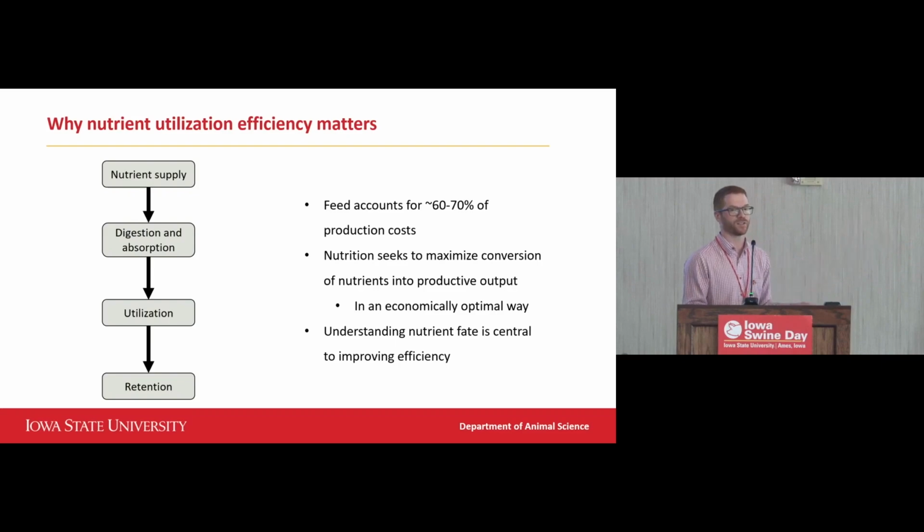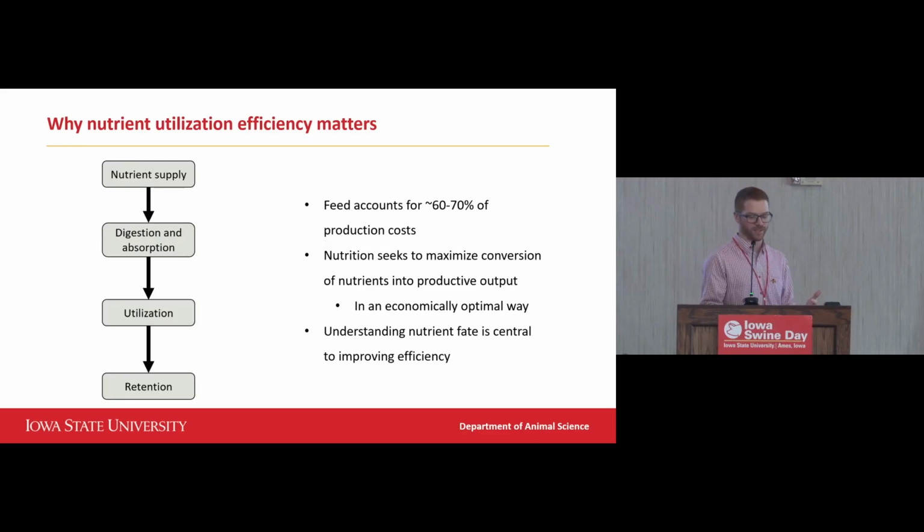So after it's absorbed, what really is happening post-absorption to determine where that nutrient ends up. Is it being retained in productive output, which is the goal? And if it's not, where is it going, right?